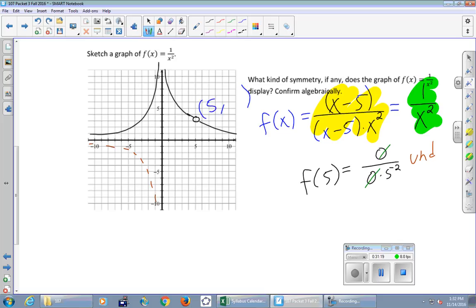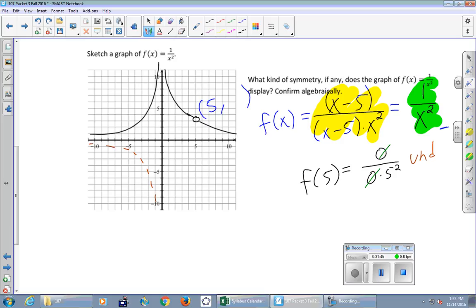the y coordinate? Because I just said we're not allowed to plug in 0. How would you find the y coordinate over there? So we can't plug 5 into the original, but we can plug 5 into the reduced version.